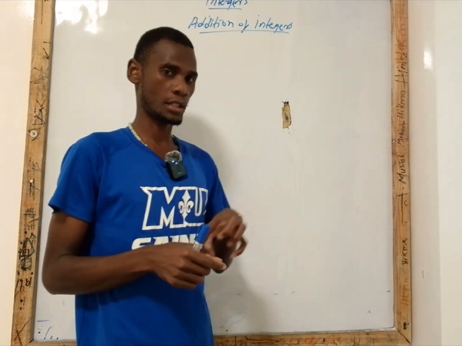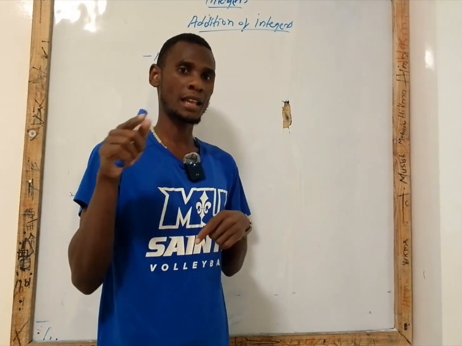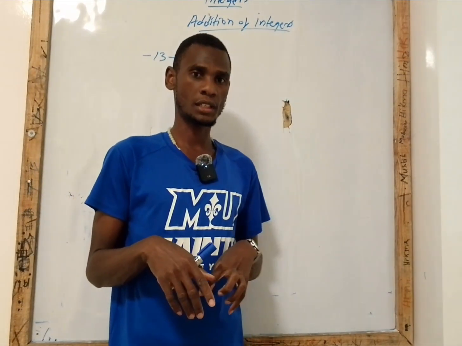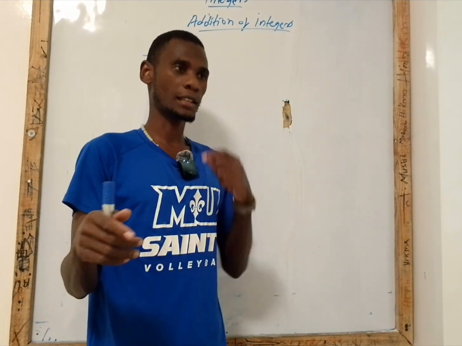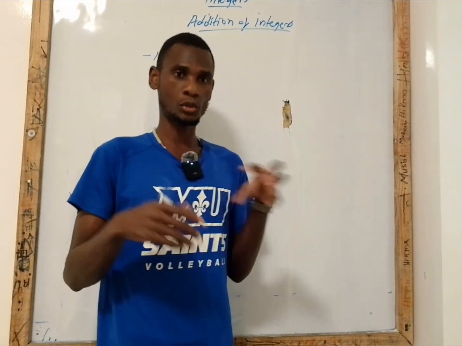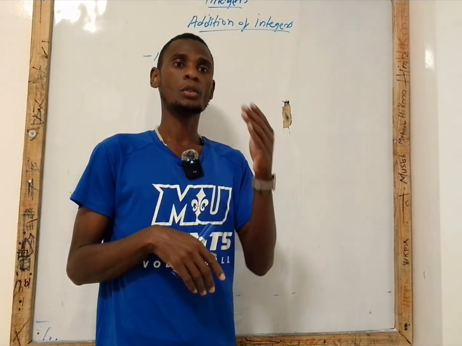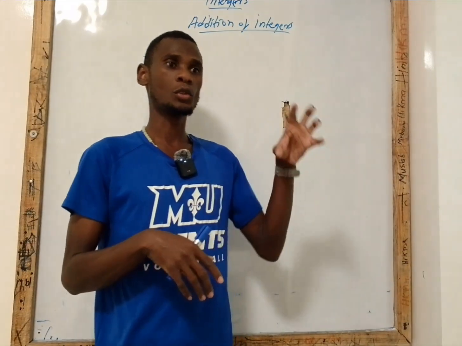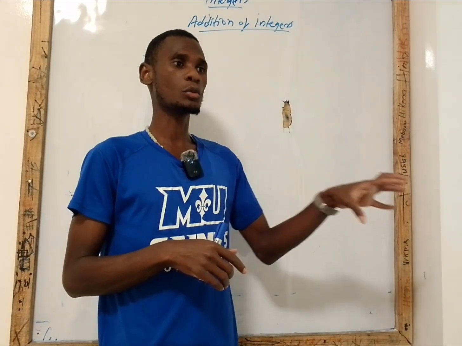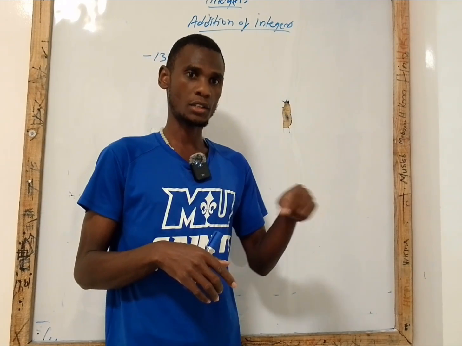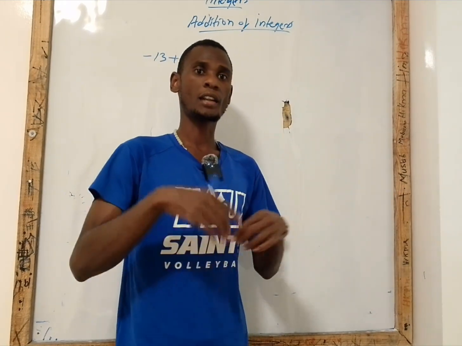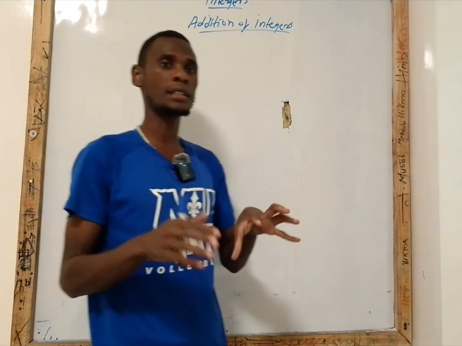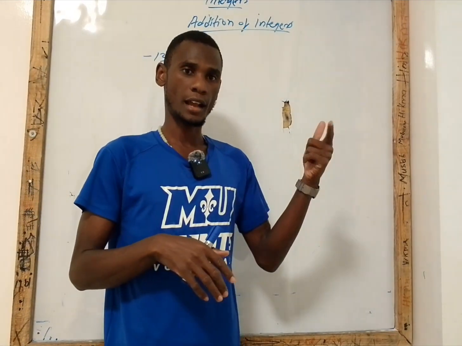Somebody who has nothing is better than you, because you have less than zero. For you to even have one, you need to have 51 so that you can pay back the 50 and remain with one.